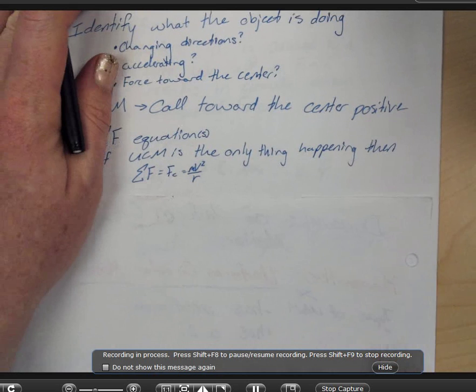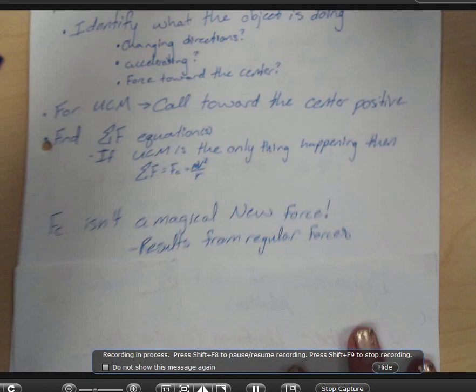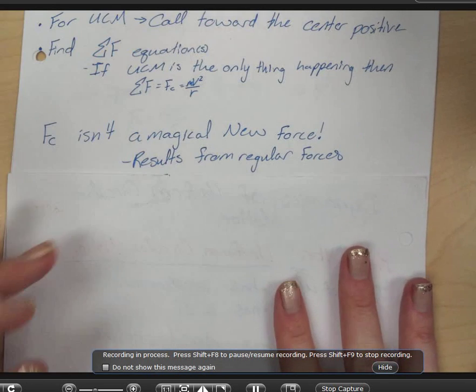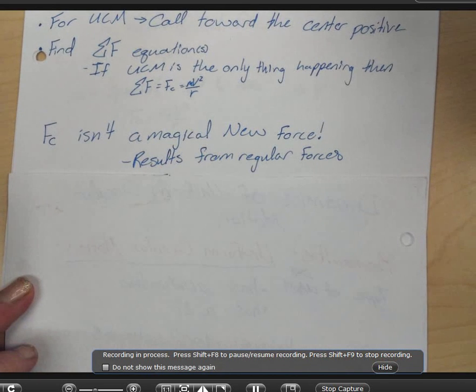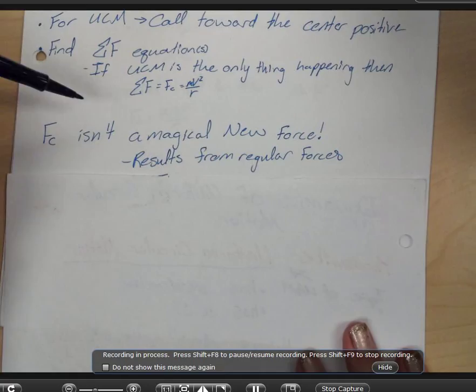So a couple of things to remember. I'm saying centripetal force and centripetal acceleration like they're brand new things that we're going to have to learn about. But a centripetal force isn't a new magical force that suddenly is the only force that causes things to go in a circle. Things go in a circle as a result of regular forces and combinations of regular forces. For example, the Earth orbits the Sun because of gravity.